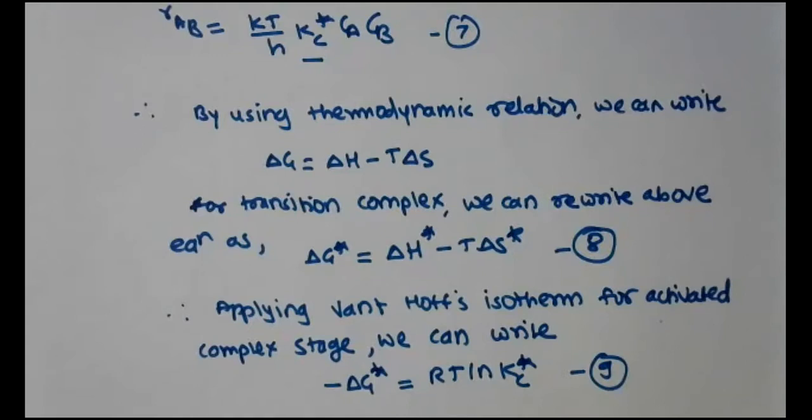Now, these equations 8 and 9 can be combined, and if we combine, then we can evaluate Kc star on LHS and the remaining terms on RHS, which thereafter can be substituted in equation 7 and further simplified.